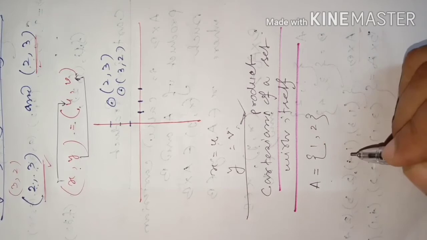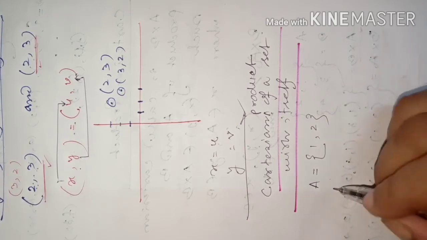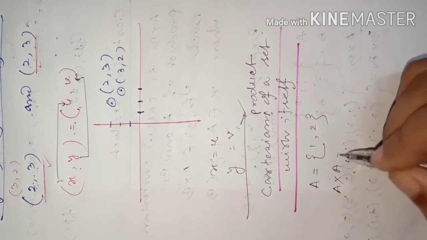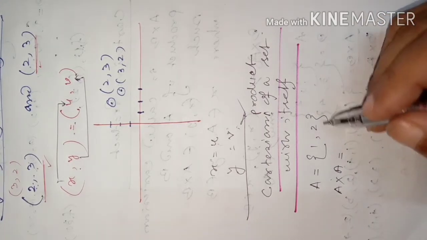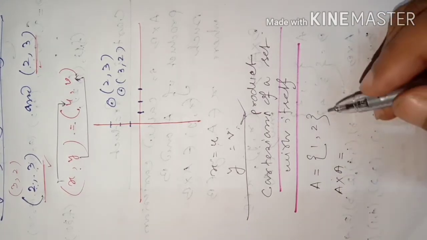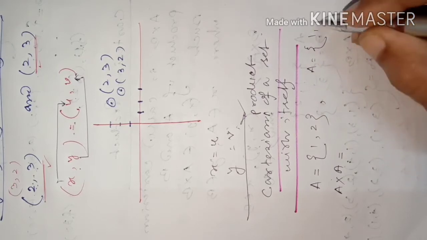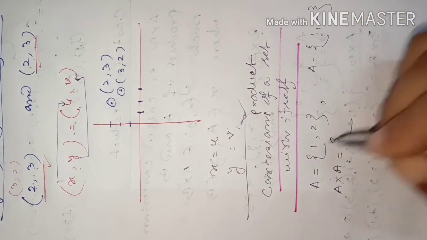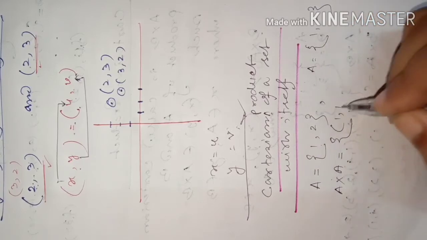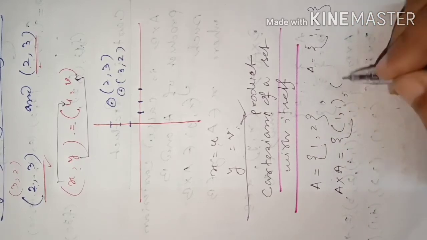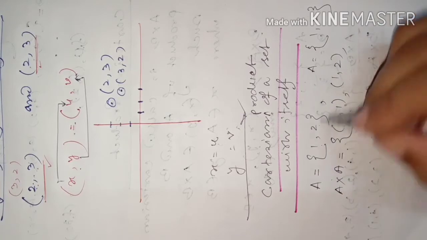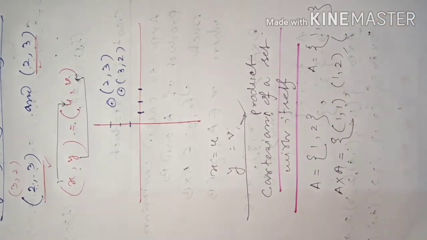Then if we write A cross A, it is understood that you are taking the Cartesian product of A with A, meaning you write A twice, A is again 1 comma 2. Then you pair them like this, 1 with 1, then 1 with 2, then 2 with 1.